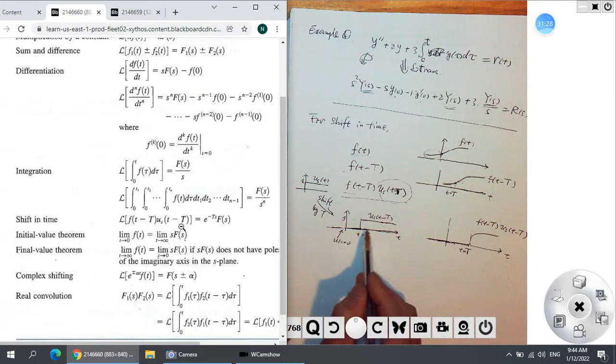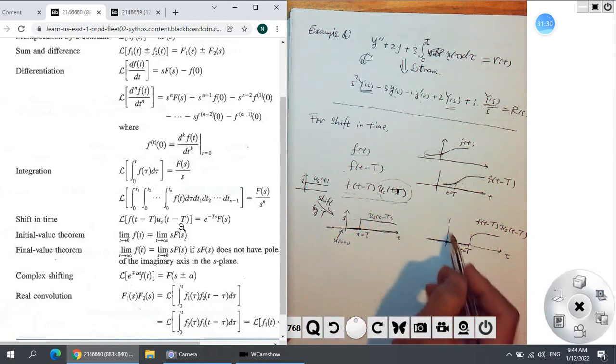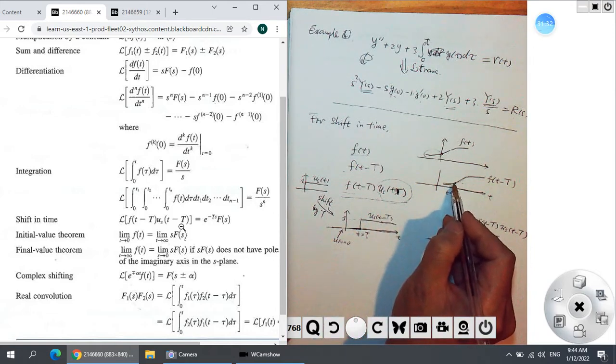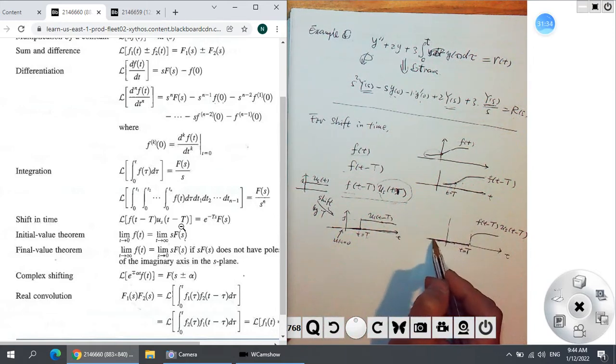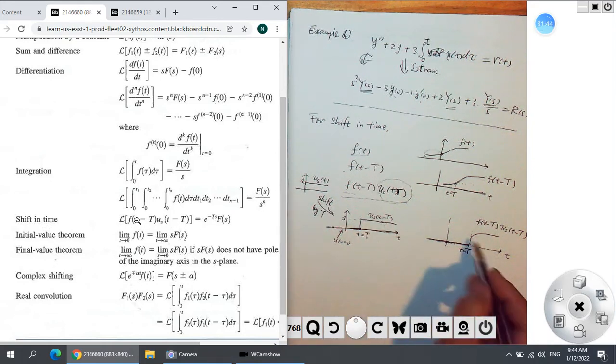And if you multiply by u_s(t), this part you will drop down and replace by 0. Here, when we say shift in time, we need a shifted signal where this part is 0. Now, this is non-zero, but this is 0. Why do we need 0 here?